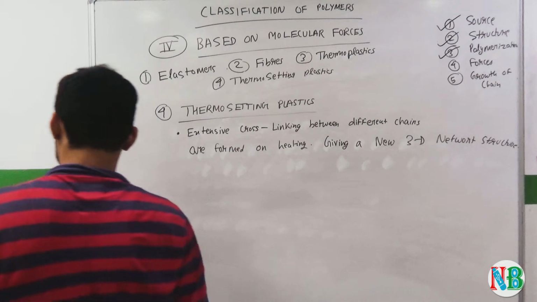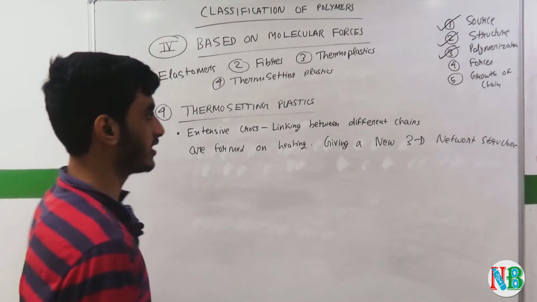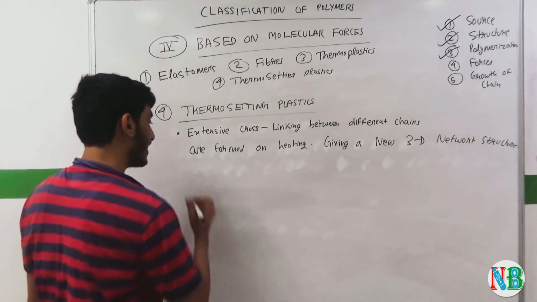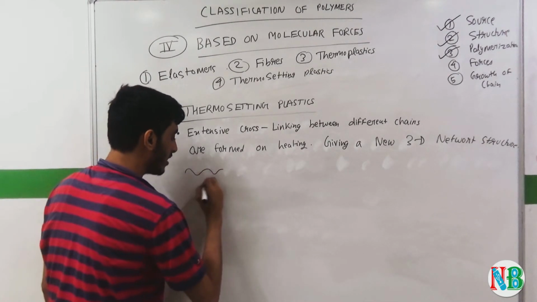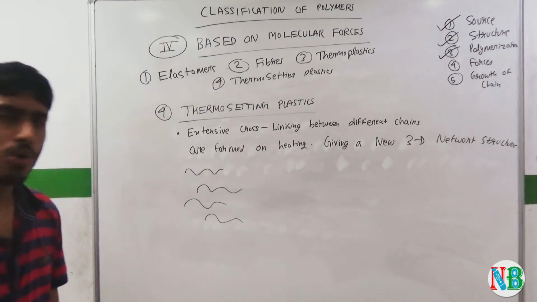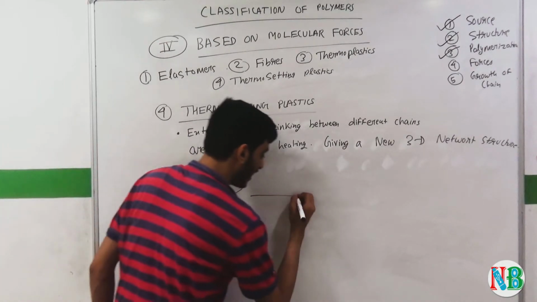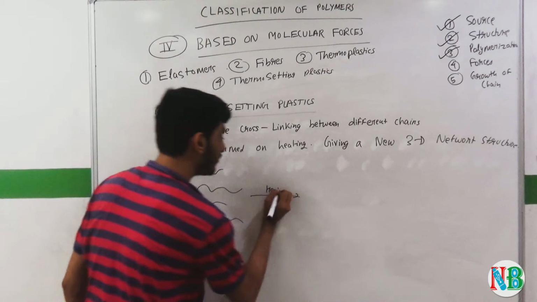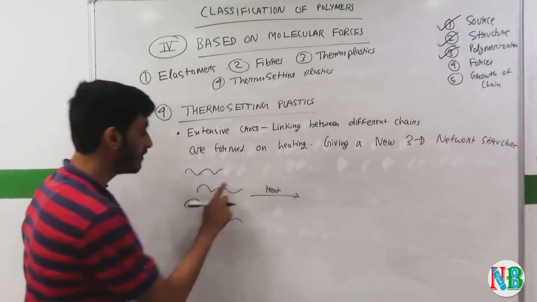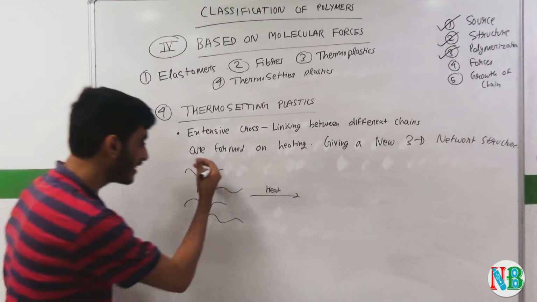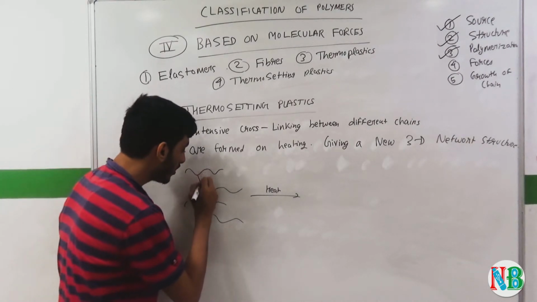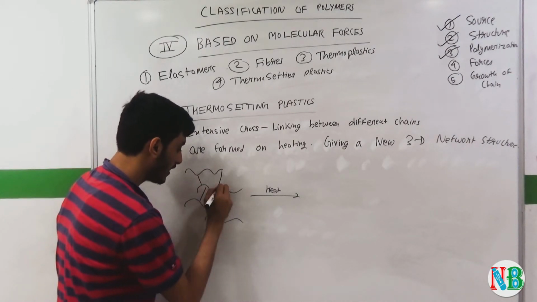How to explain this part? Suppose initially you had the formation like this, one chain, one more chain, one more chain, one more chain, like this. Now suppose I heat it. On the first heating, these different chains interact with each other and try to form more and more bonds like this.